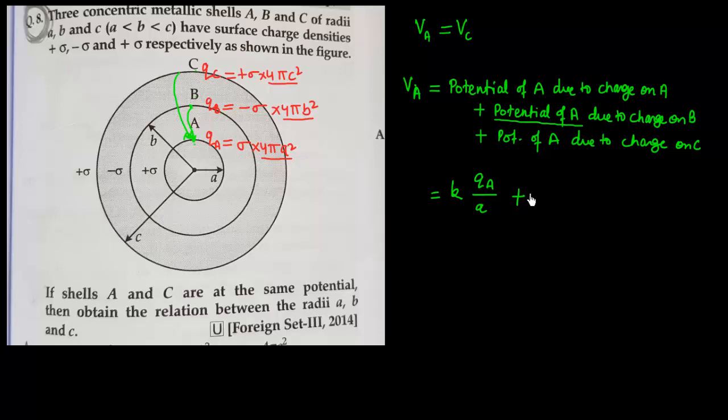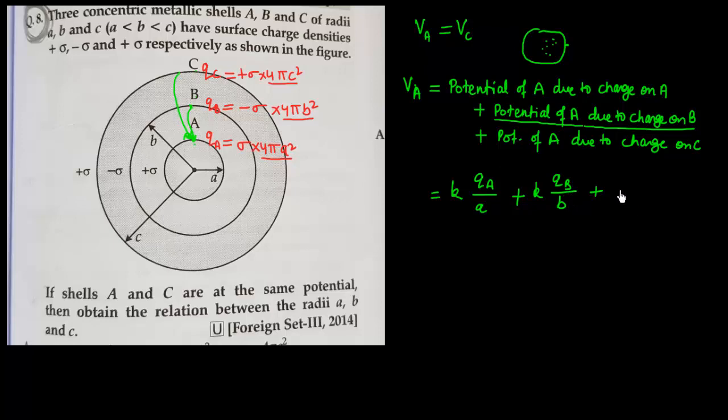A shell creates potential at any point inside it equal to what it has on its surface. So we can write K QB by b. This is the potential of A due to charge on B, because whatever potential B has on its surface, the same potential it generates at shell A.